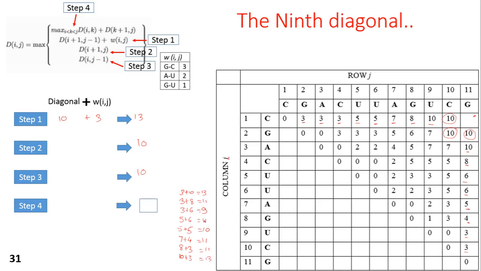Now what is the maximum out of all these numbers that we have calculated for step 4? We have got 13. So the final value for step 4 would be 13. What is the maximum of the 4 steps? Of course 13. Therefore we end up with 13 as the final value in our S matrix.